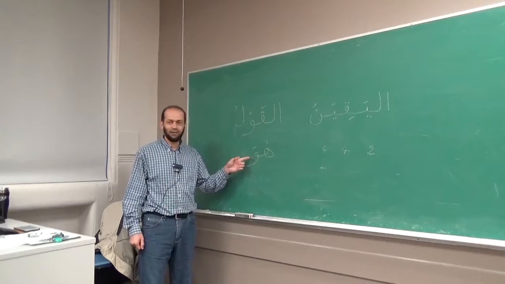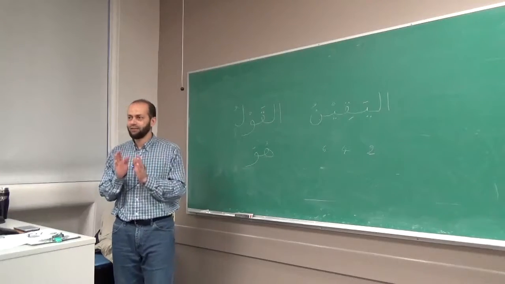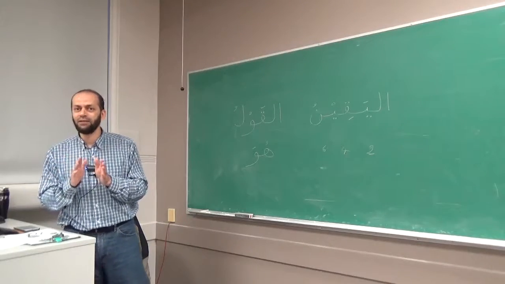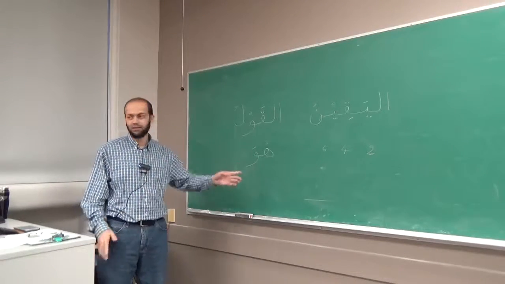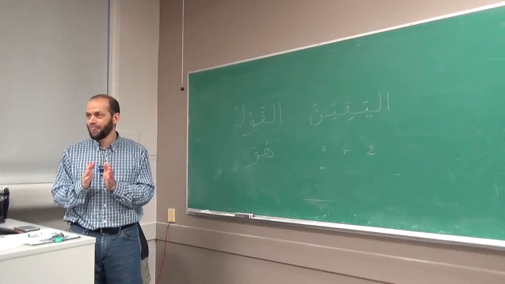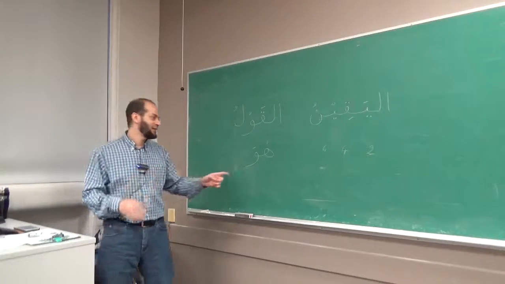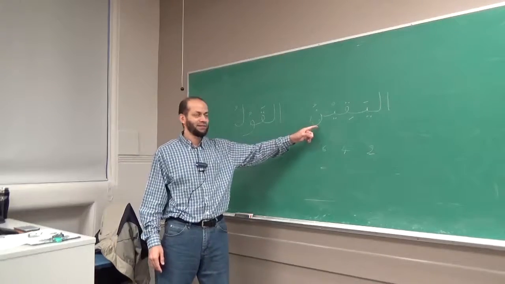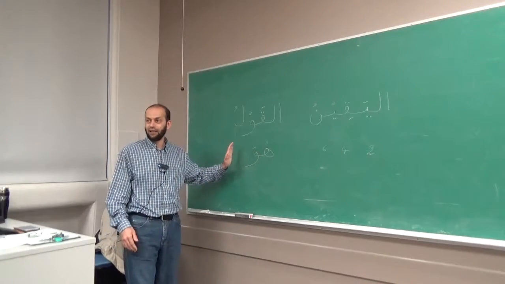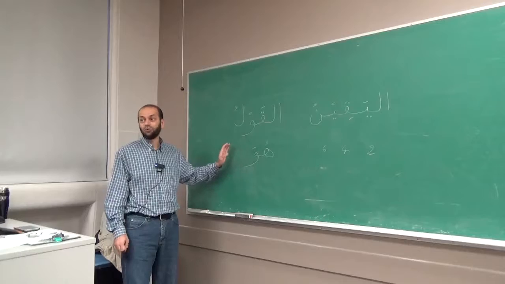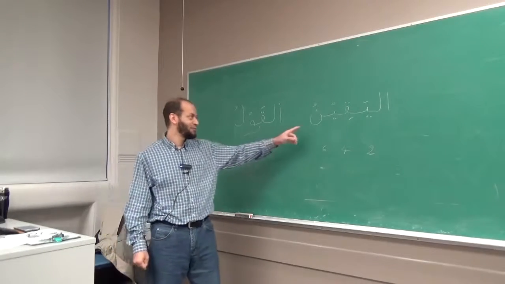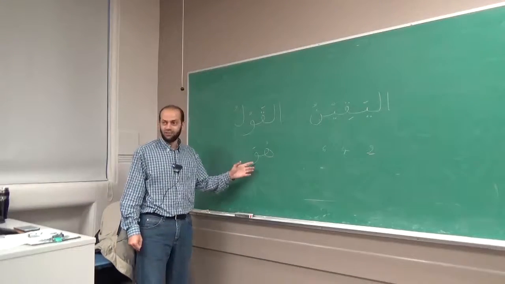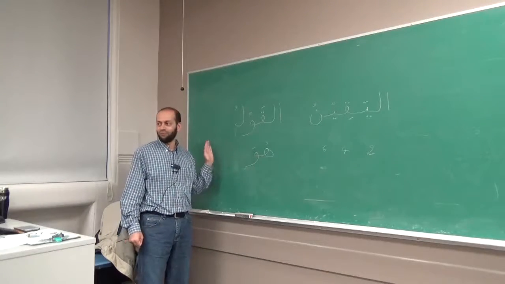And harf al-mad, we said that we extend it, how many? 2 haraka, not 1. At the beginning you said 1, but Abu Yahya. But because it's harf al-mad, we extend it 2 haraka. Unless there is something that will make it extended more than 2 haraka. In this case, we have a non-original sukun that came after harf al-mad. In this case, we don't have anything after harf al-mad.